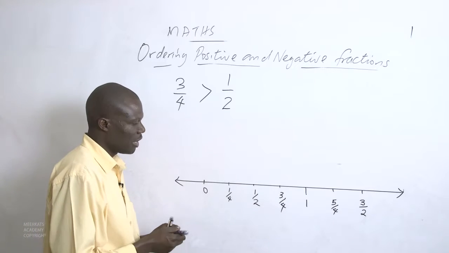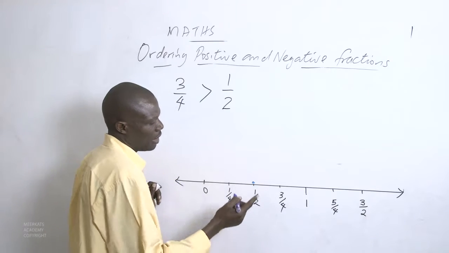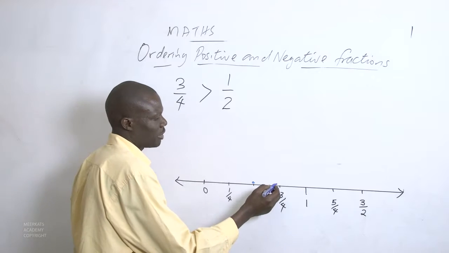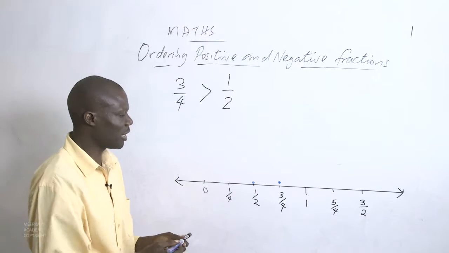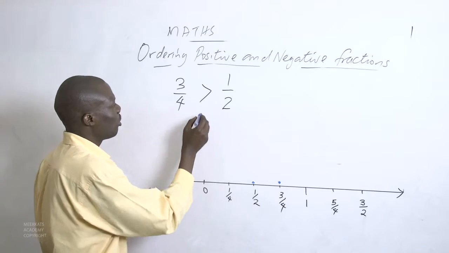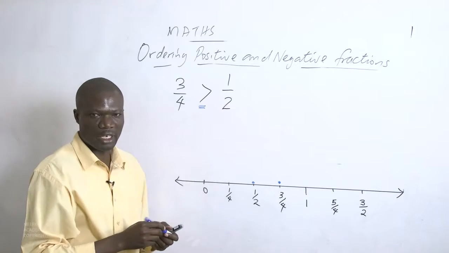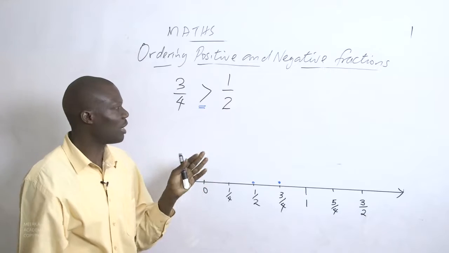So let us see. Our half is here, and our 3 over 4 is on the right. So the fact that it is on the right automatically tells us that it is greater than a half. And that is why we have the sign here that 3 over 4 is greater than a half.